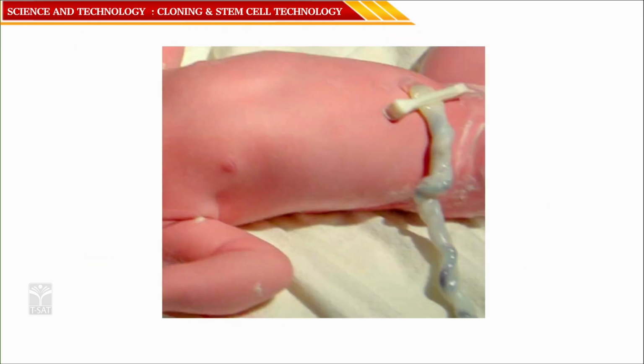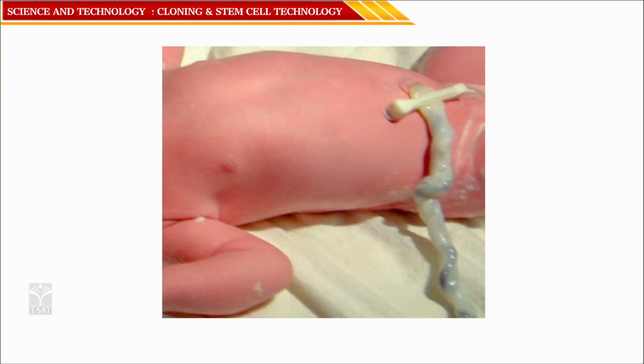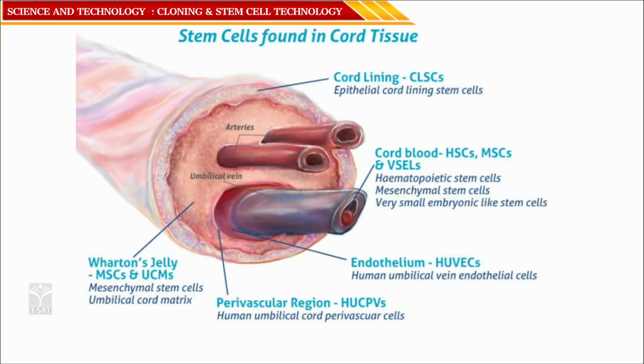It has the capacity to generate certain organs and organ systems. This graph shows the different countries which are using cord blood and cord tissue for the purpose of therapy. Therapy means treatment for the different kinds of diseases which an individual suffers in future. Why do we need to store these stem cells derived from cord blood and cord tissue?